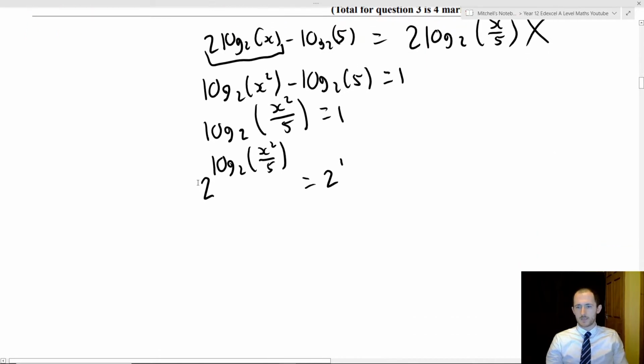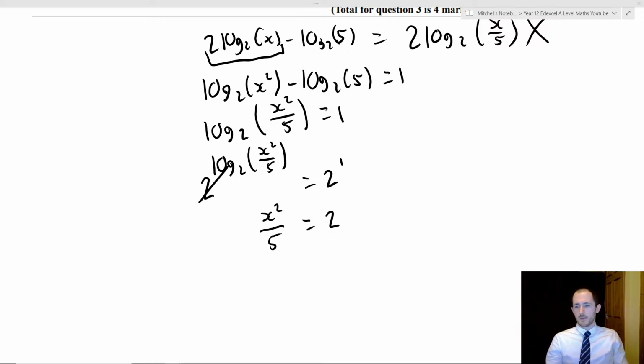So in this case we have 2 to the power of log base 2, so you can cancel that through and you're just left with x squared over 5 equals 2 to the power of 1, which is 2. In general, if you raise a logarithm to its own base, it gets rid of the logarithm.